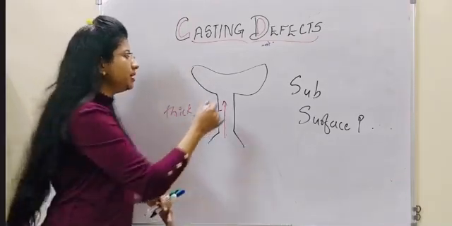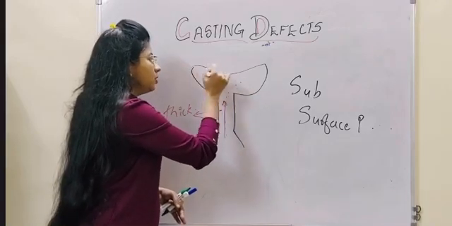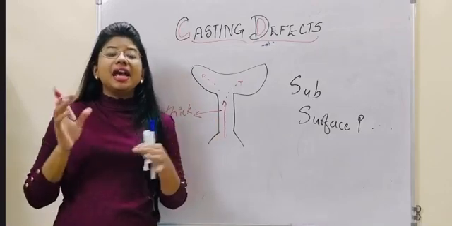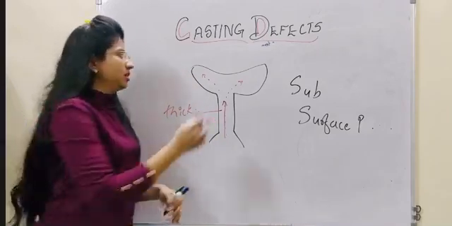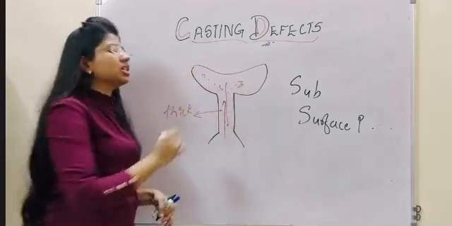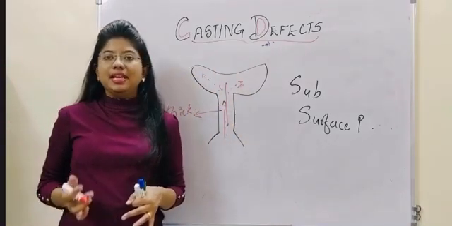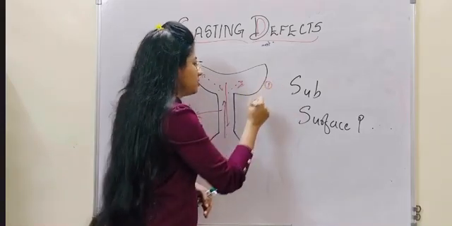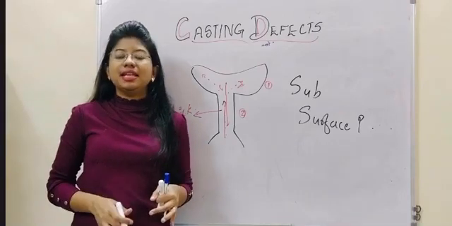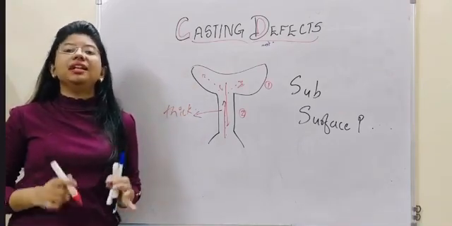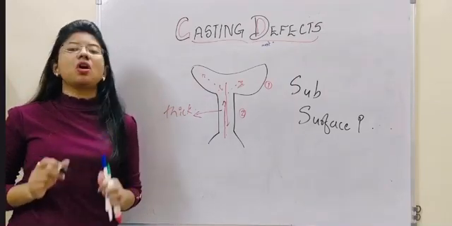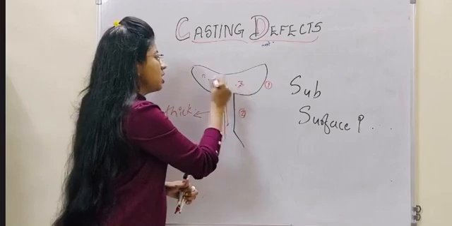So the molten metal flowed in a turbulent manner and there was no uniform distribution, and entrapped gases get trapped, and there is solidification of this area simultaneously. That is, this area must solidify first and then this. But this whole area gets solidified simultaneously, and because of the pressure created by the entrapped gases, it results in subsurface porosities.